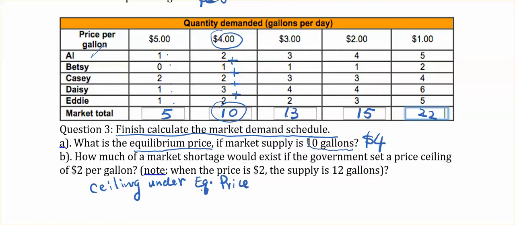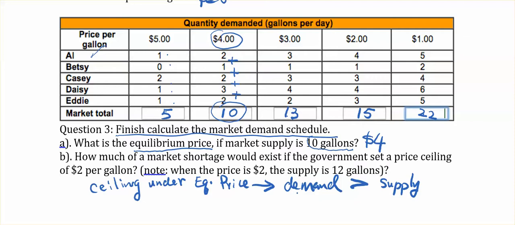If the price is under the equilibrium price, which means it's really cheap, then market demand is larger than the supply. Think about it: if you are a producer, the reason you produce is because there is a high price. If the price is lower, you don't want to produce as much as before, right?